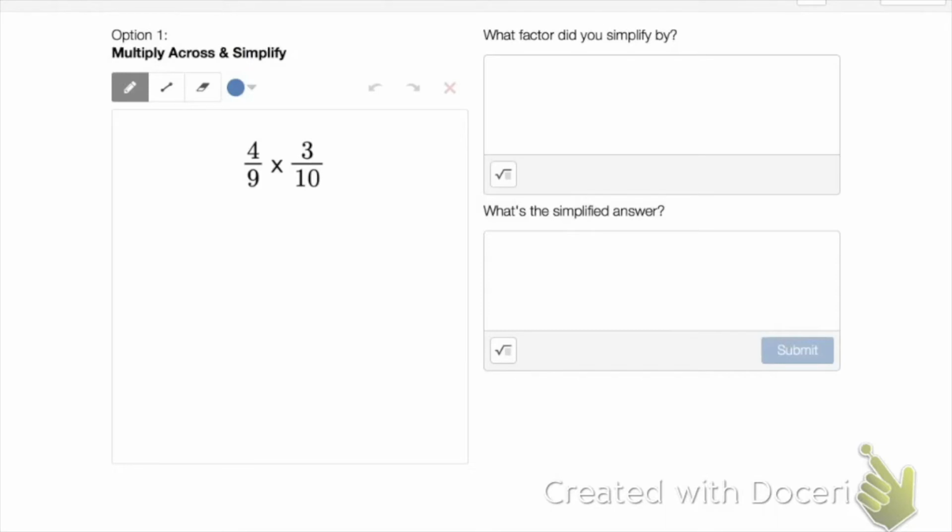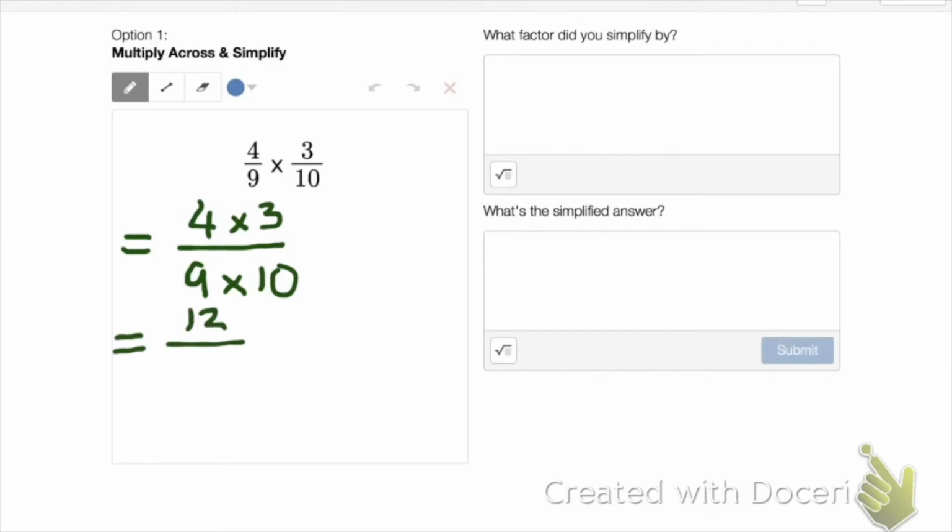When we say multiply across, that means we take the numerator multiplied by the numerator, so in this case 4 multiplied by 3, over the denominator multiplied by the denominator, 9 multiplied by 10. Okay, so 4 times 3 is 12. 9 times 10 is 90.